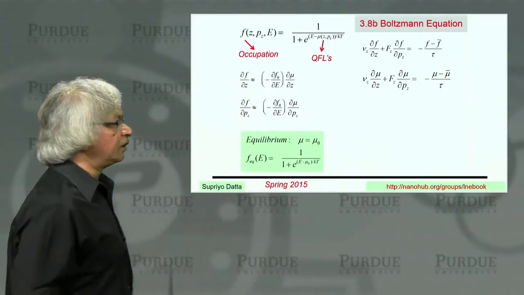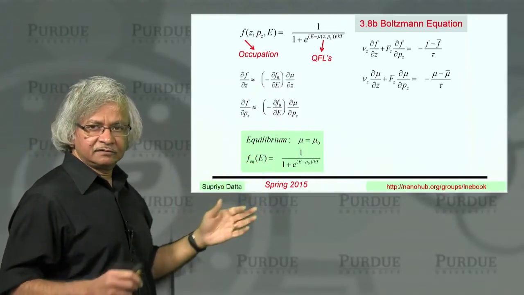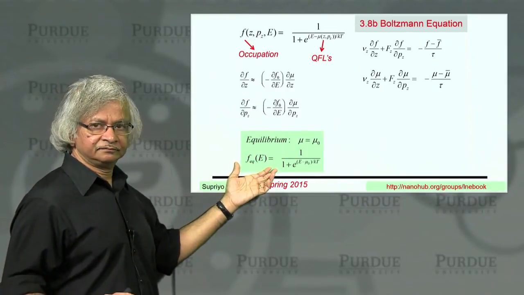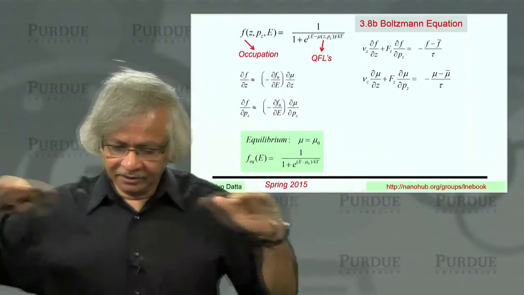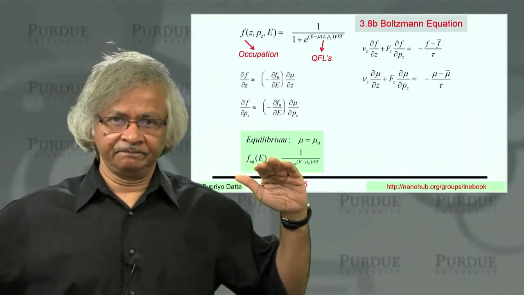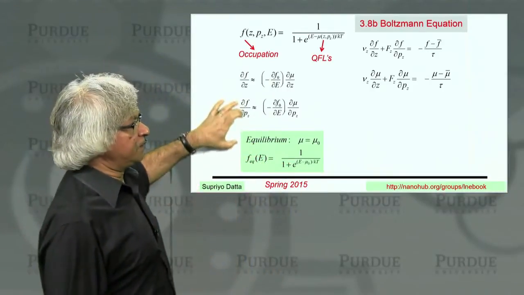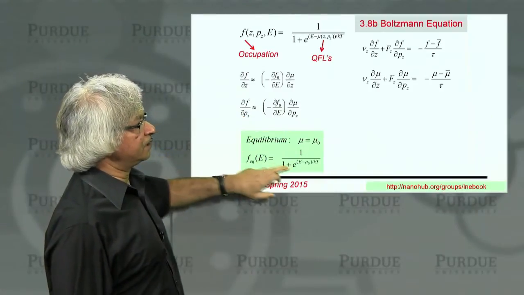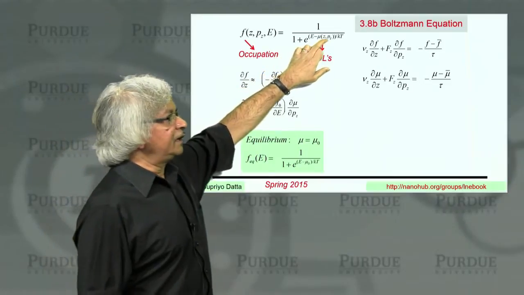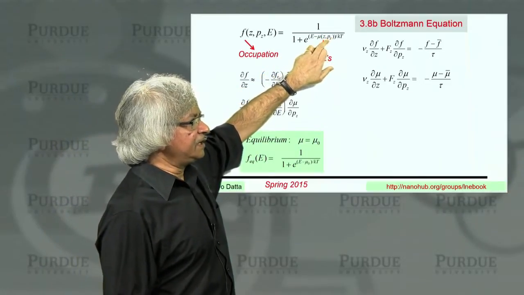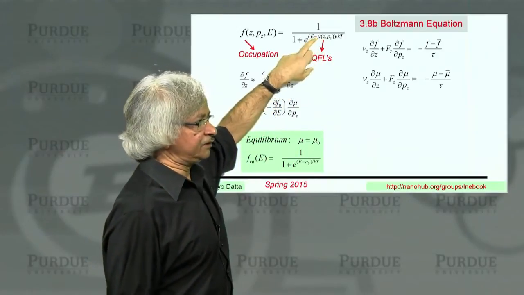So this is what you'd call the equilibrium solution, and the Fermi function, of course, is the equilibrium solution. That's what equilibrium statistical mechanics says: at equilibrium, it's the same chemical potential everywhere. But what we are interested in, of course, is the non-equilibrium solution. Under non-equilibrium conditions, not all mu's are equal. In general, every z and pz can have a different electrochemical potential or quasi-Fermi level associated with it.